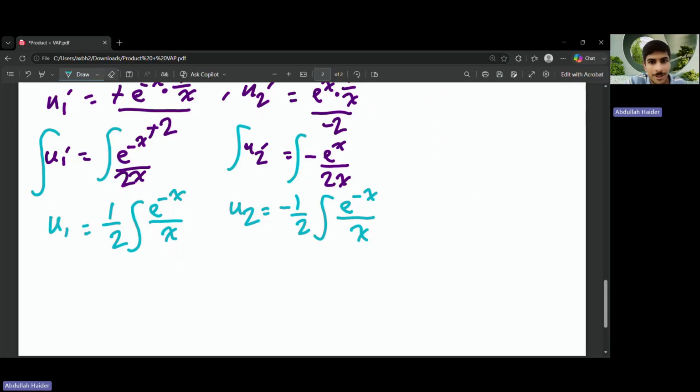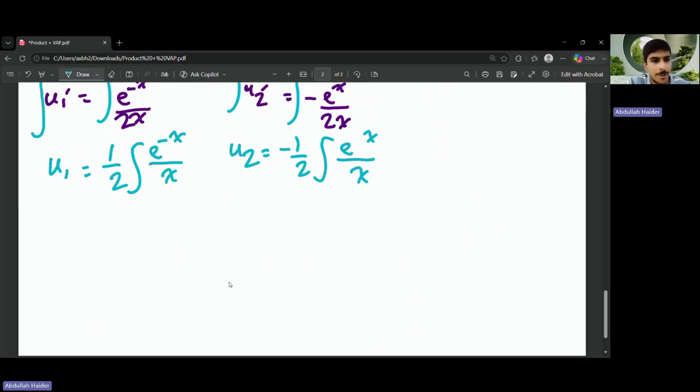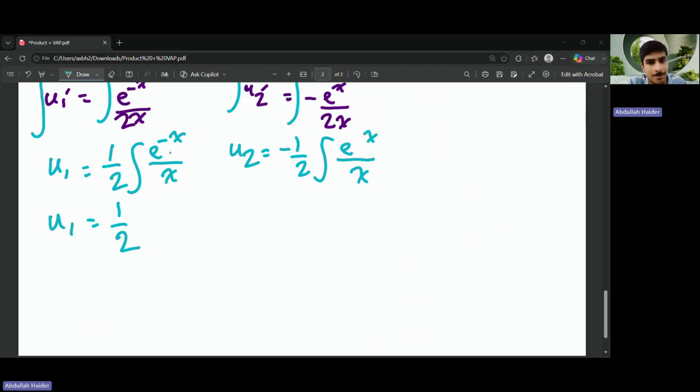This will be e power x, by the way. So e power x over x. Now, when you find the integral of this, how to find this integral?